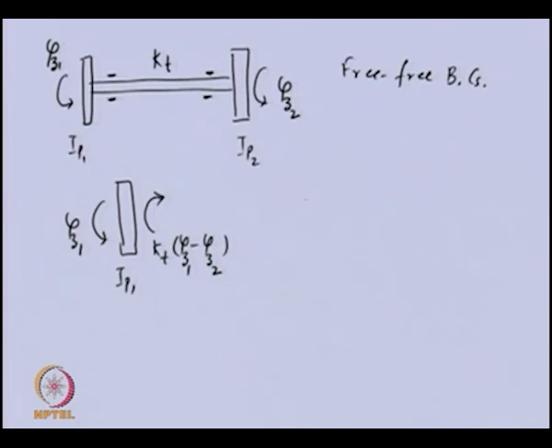Similarly, we can draw the free body diagram of disc 2. In this we are taking the angular displacement as counterclockwise direction, because this particular torque, which is the reaction torque from the shaft, will be acting here.